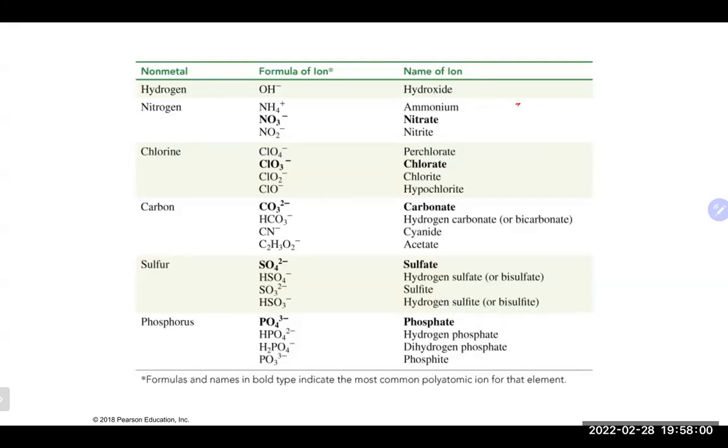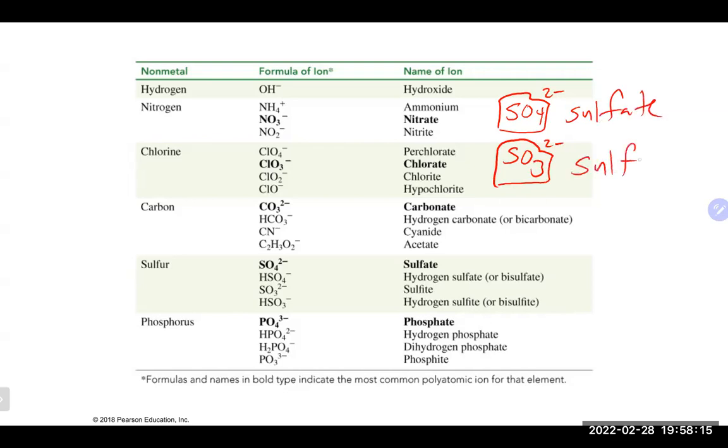There are groups of 2 that are related to each other, like SO4 2 minus, SO3 2 minus. This is the sulfate ion. This is the sulfite ion. If you look at NO3 minus, like we just talked about, that is nitrate, and NO2 minus is also related.